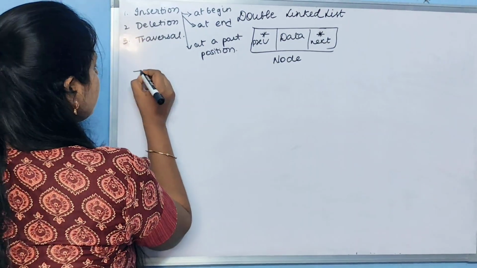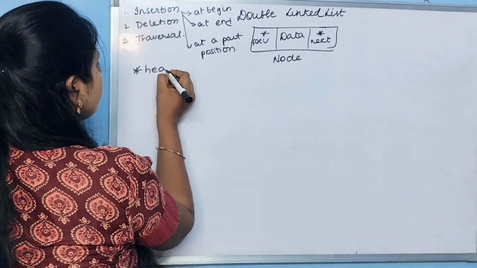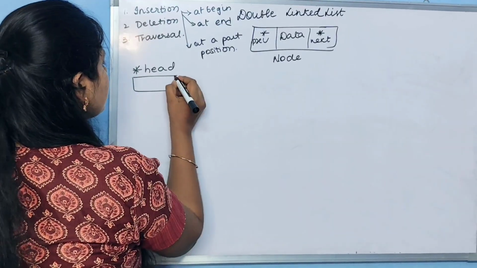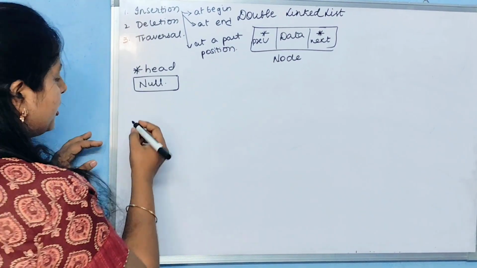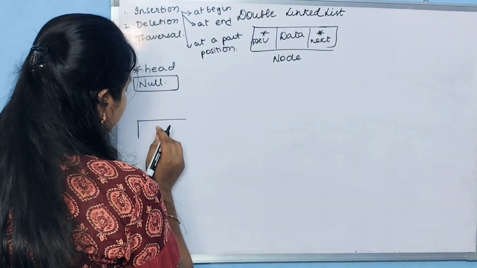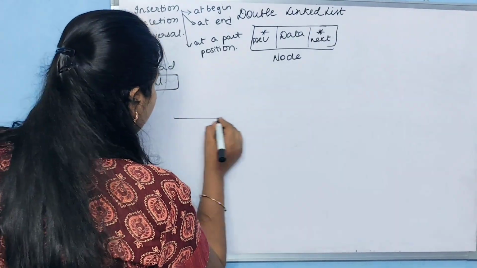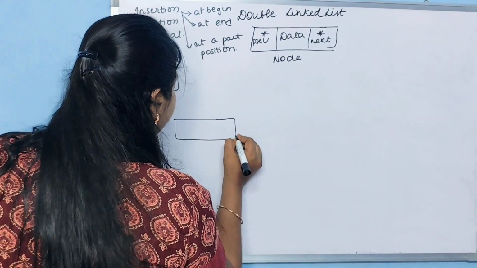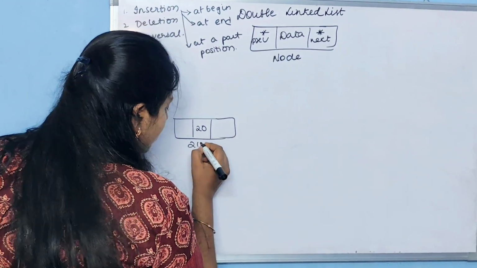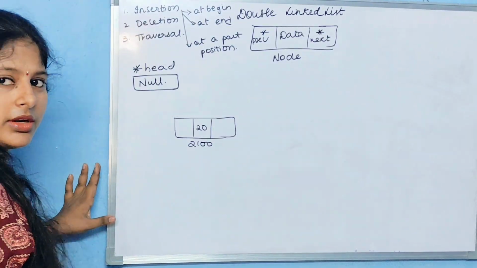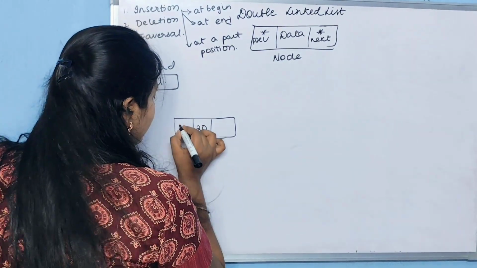Right? Now I've considered the head part. Since there are no elements, head remains null. Right? Now my first node is 20. It is stored at the location 2100, suppose. Now the previous part.